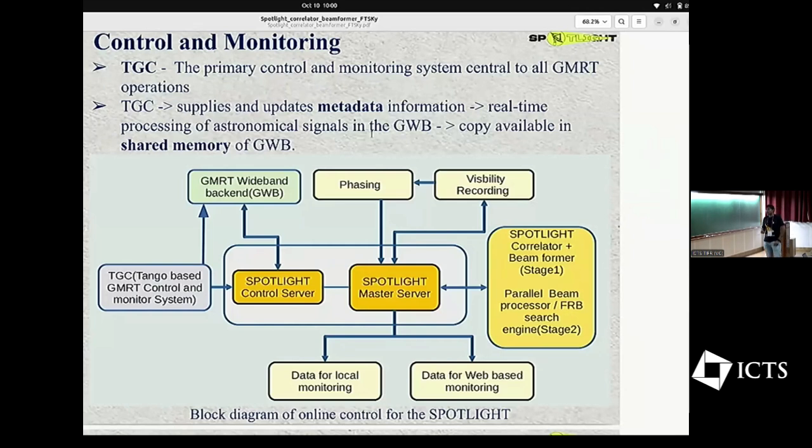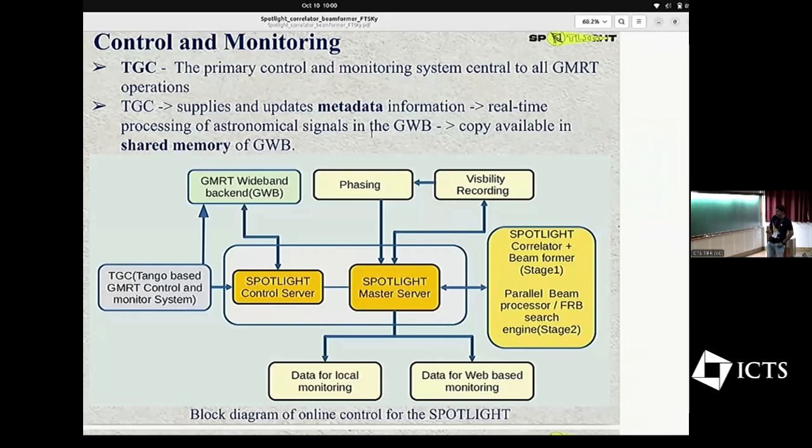Now coming to control and monitoring, we have a Tango-based control and monitoring system for GMRT. It sends all the metadata to the GWB's main server. It is stored in a shared memory, which the Spotlight server gets and can run commands from.